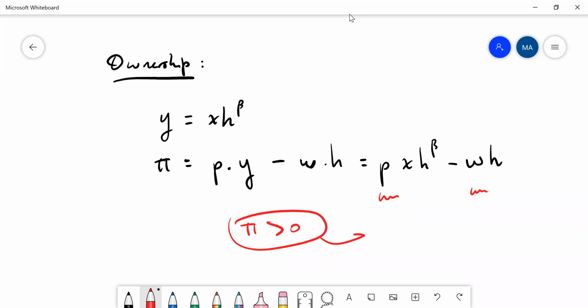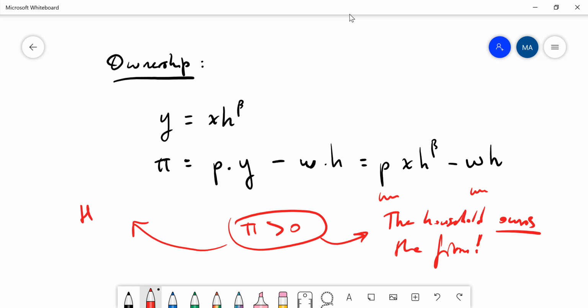So that profit needs to go somewhere, right? That profit needs to go somewhere. And we assume that the household owns the firm. Okay? If the household owns the firm, then profit goes to the household's income.